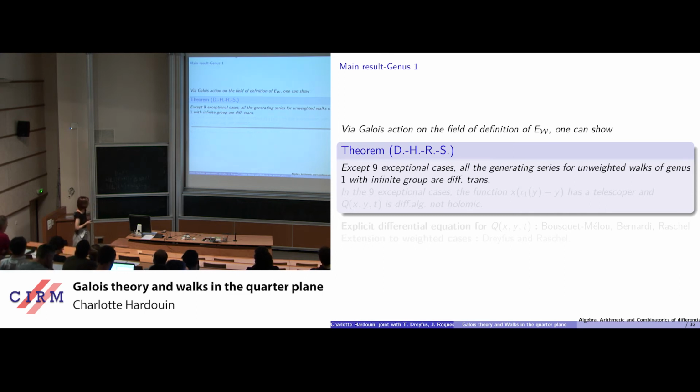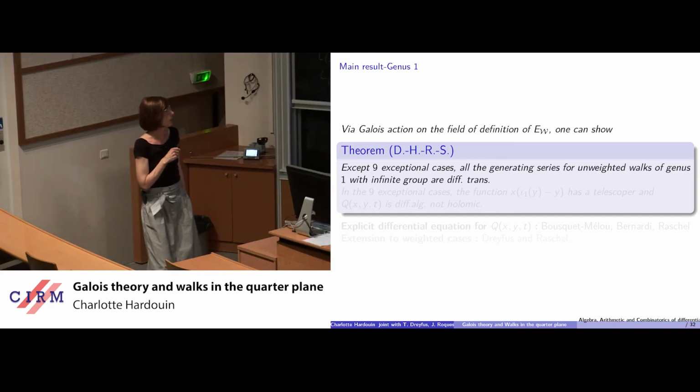So remember that we have 51 cases where the genus of the curve is 1, and where the group is infinite, and except for 9 exceptional cases, all the generating series in the unweighted situation are differentially transcendental.